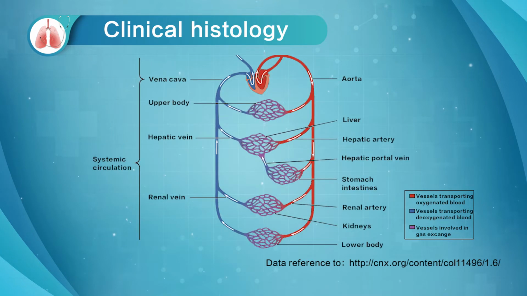Through the systemic circulation, as depicted in the lower part of this figure, the heart pumps to distribute oxygenated blood to all of the tissues and organs in the body, except the lungs, and receives deoxygenated blood from them.